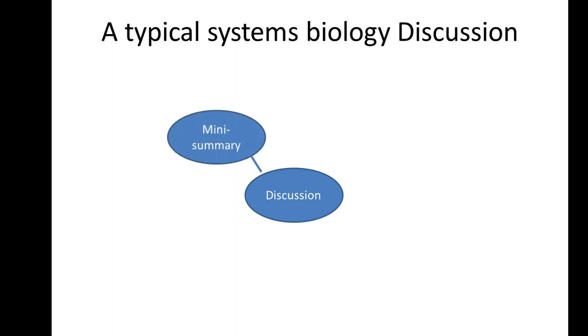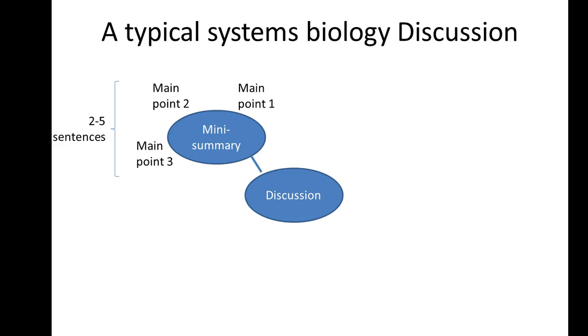The first thing that you typically start with is a mini summary, and then you say, well, we come up with this main point, and then this and this. So maybe the three most important things that you come up with, or maybe only one. But the mini summary is just to recapture the focus on the essence of what you said.